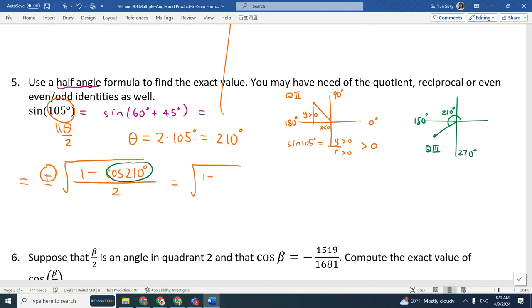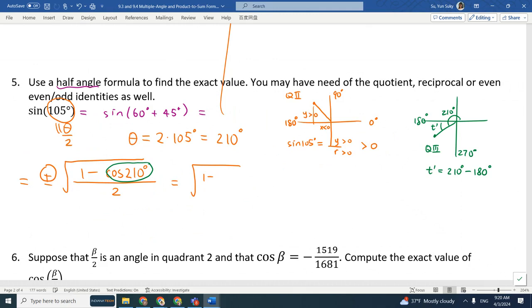In quadrant 3, the reference angle is the angle made by the terminal side and the x-axis. Can you see what the reference angle is? 210 minus 180 degrees. Are you okay with the reference angle?